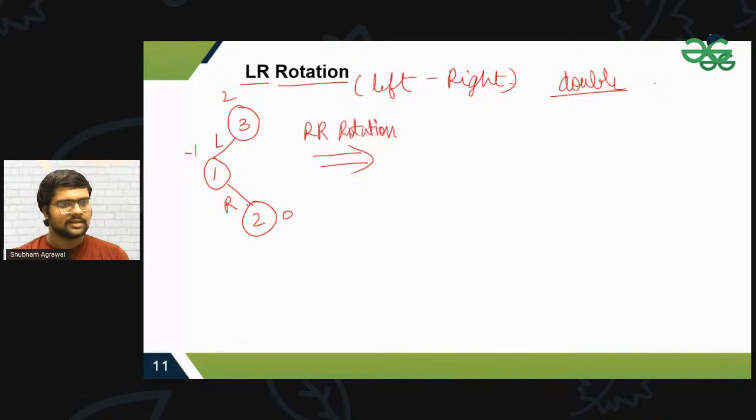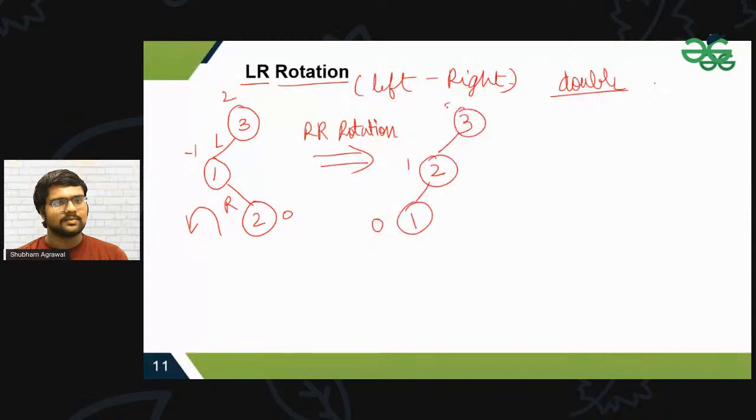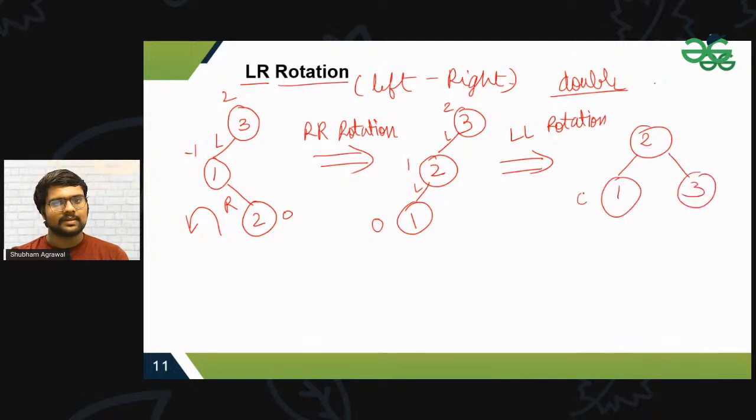So here it will become 3, then it will become 2, and then when we compute balance factor, it is 0, 1, 2, and now we will again rotate it, LL. Okay, we will again apply LL rotation, so it will be 2, 1 and 3, and if we compute the balance factor again, it will be 0, 0, 0.